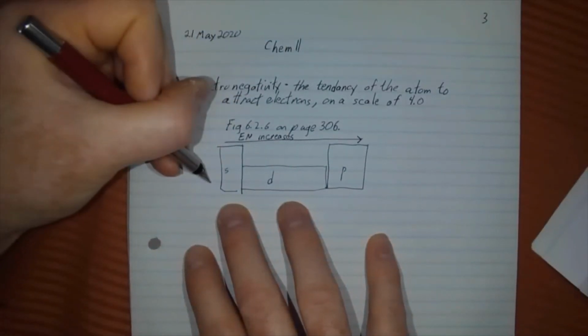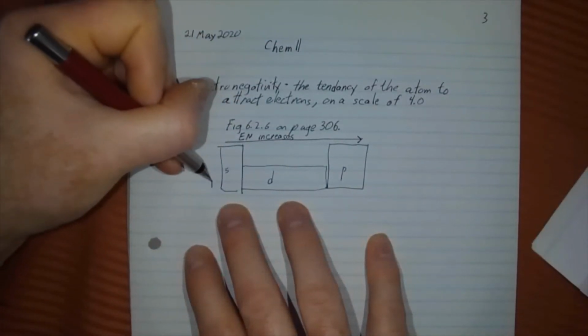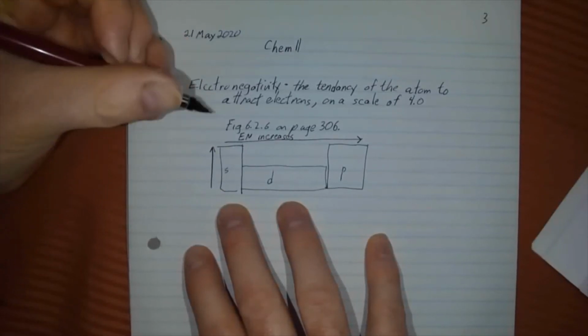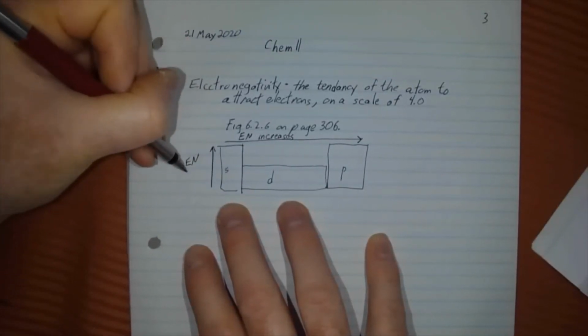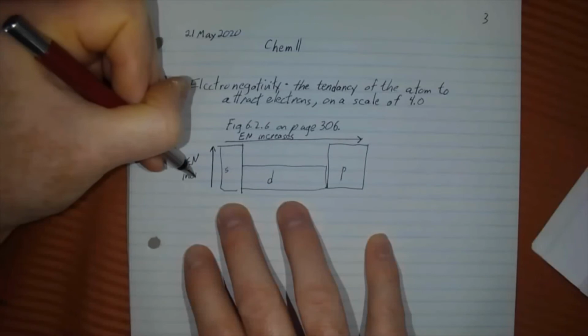As you go from bottom to top, electronegativity increases.